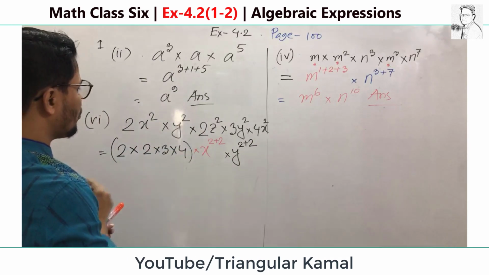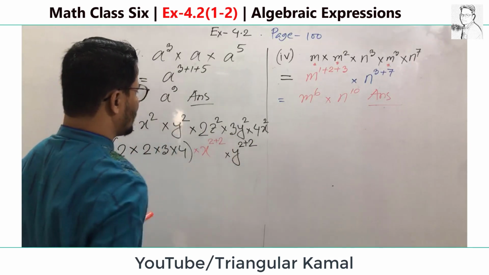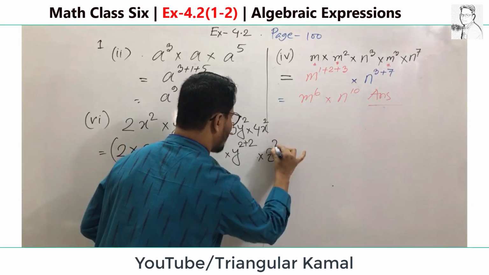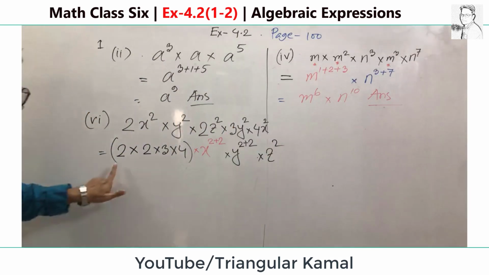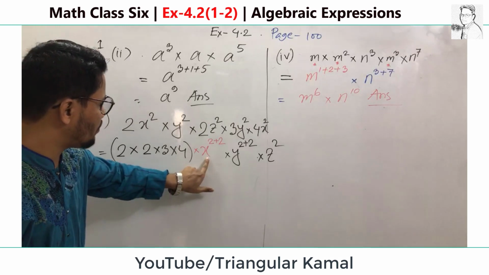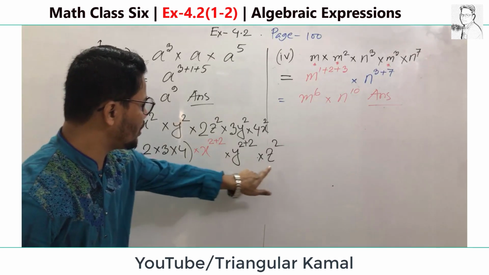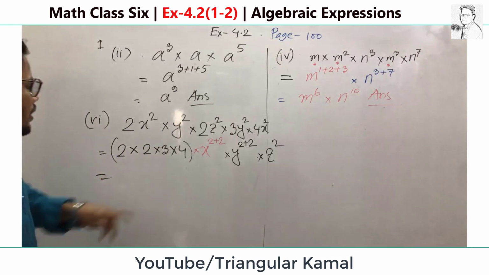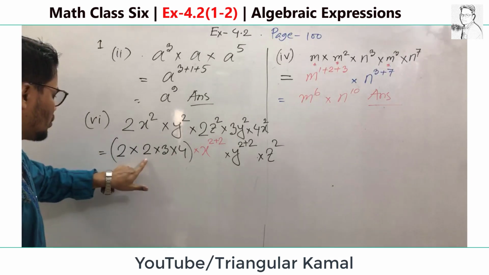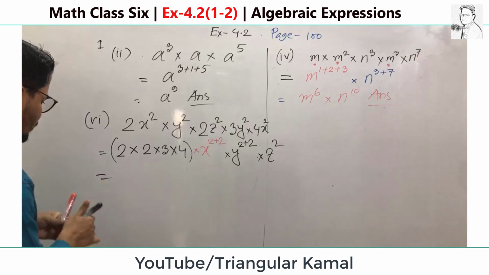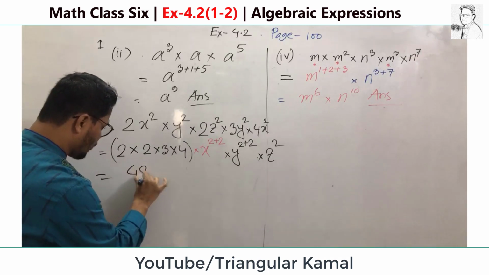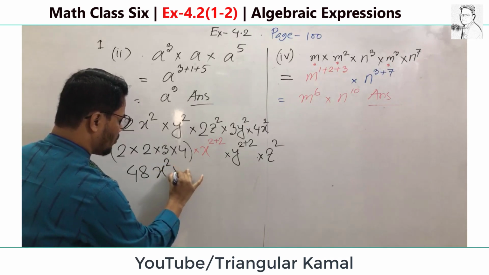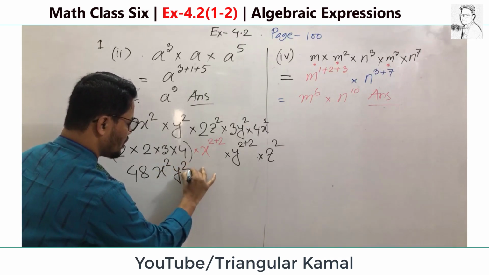Is there any more y, 2 and 2. Next one is z, so multiply with z square. This is all the coefficients, this is the power of x, power of y, power of z. So now the final answer will be 12, 24, 48. This is 48, x to the power 2, y to the power 2 and z to the power 2.